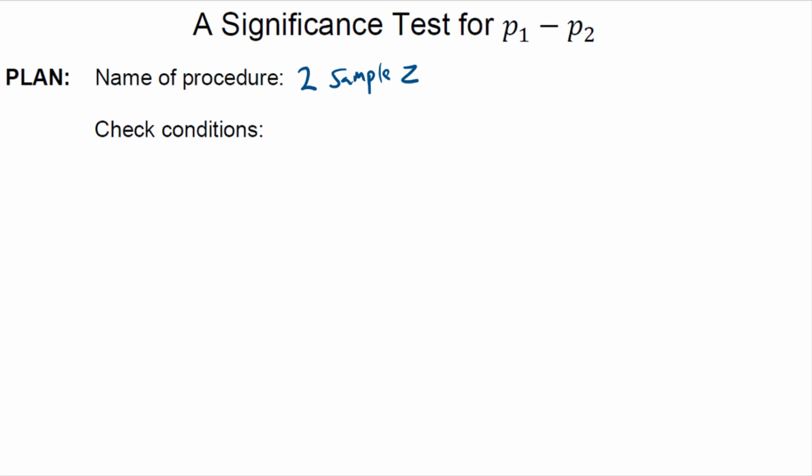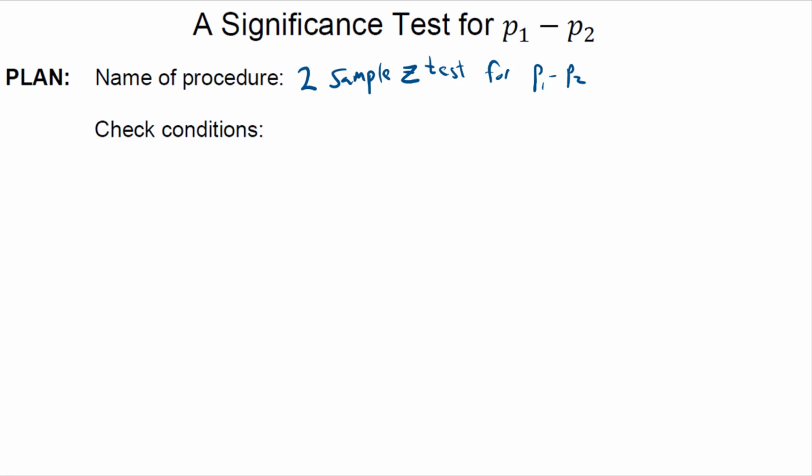So two sample z-test, and then you simply write for, and then as we're talking about, P1 minus P2. There you go. Two sample z-test for difference in proportions. So instead of just saying what we did when we did one sample z-test for proportions, we're talking about a two sample z-test for a difference in proportions.